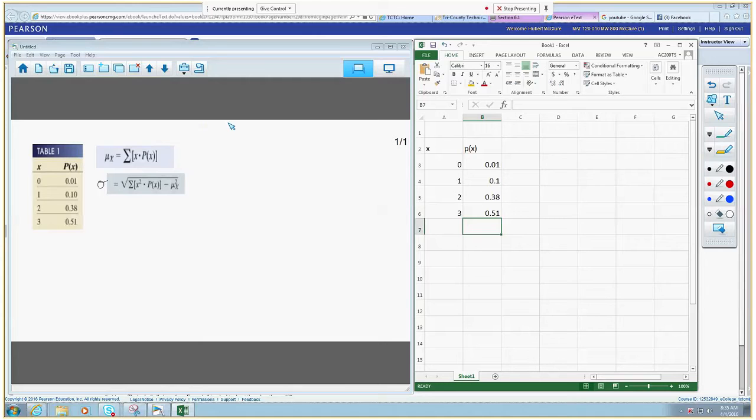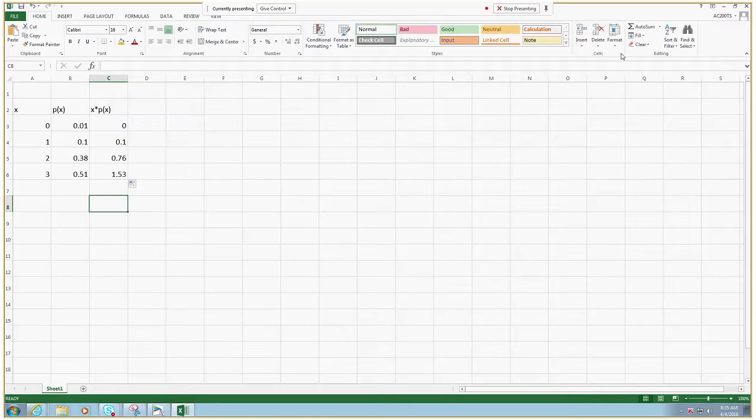So I'm going to take x times p of x, and then copy that down, and then add it up. And when you do that, you have your mean. So everybody should be able to get the mean.